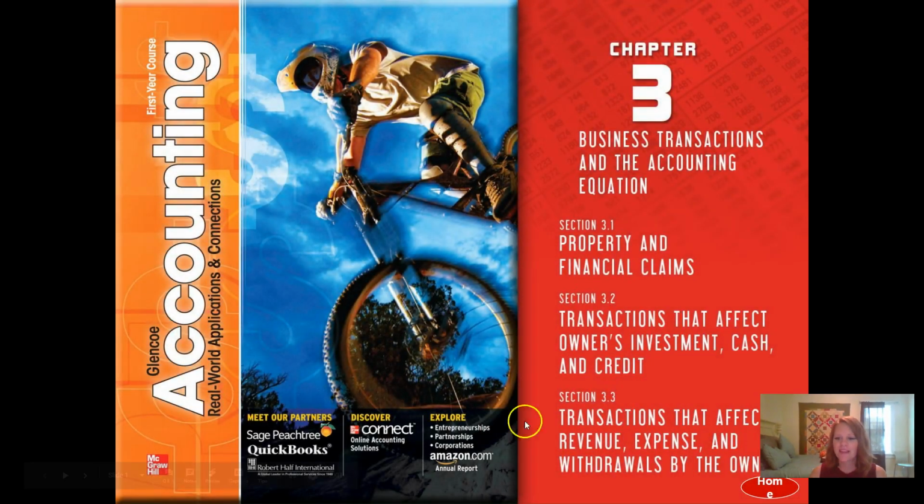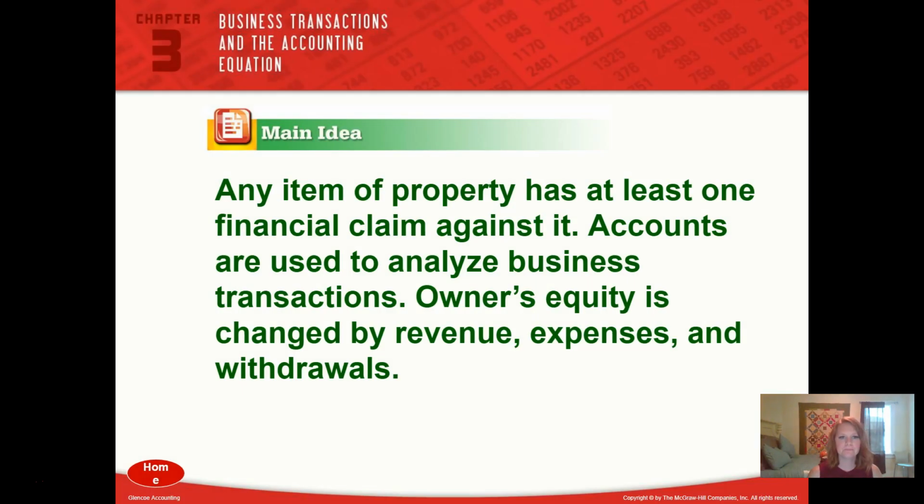Here we go. So chapter 3 is all about business transactions and the accounting equation. The accounting equation is up on the wall too, probably. Some of you are facing it and some of you have your back to it, but we'll talk about it in a second. It's up above the bulletin boards there.